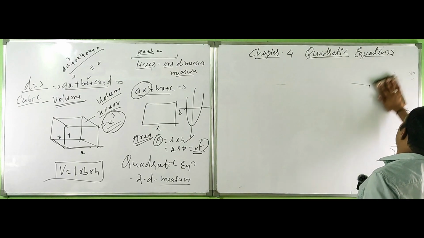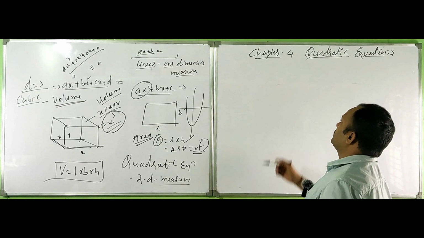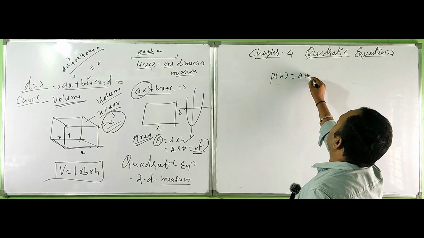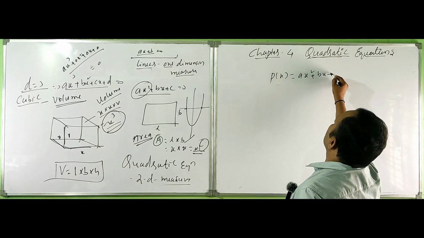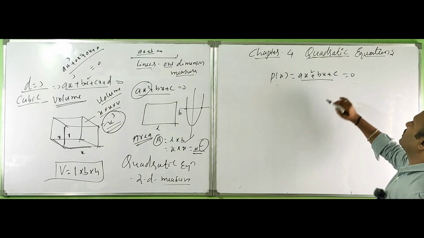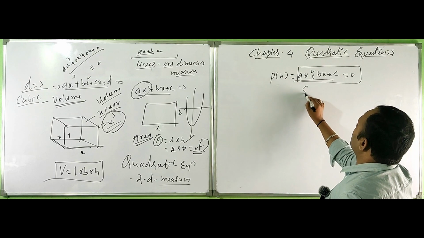Any equation p of x, ax square plus bx plus c is equal to 0, is the standard form of the quadratic equation.